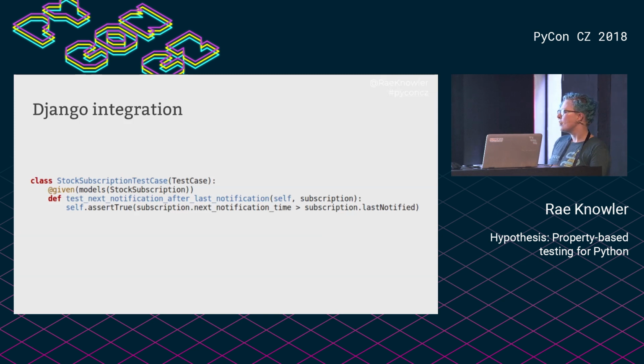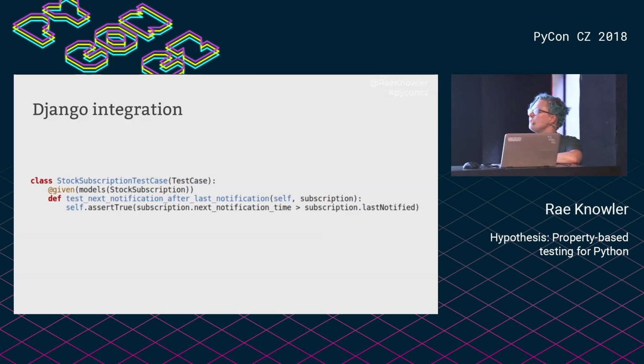In the given, because I'm using the Django Hypothesis extra, Hypothesis knows all about my custom-defined models, and I can just tell it that this test expects a stock subscription model. Then in the test itself, I'm going to assert that the calculated next notification time is later than the last notification time.